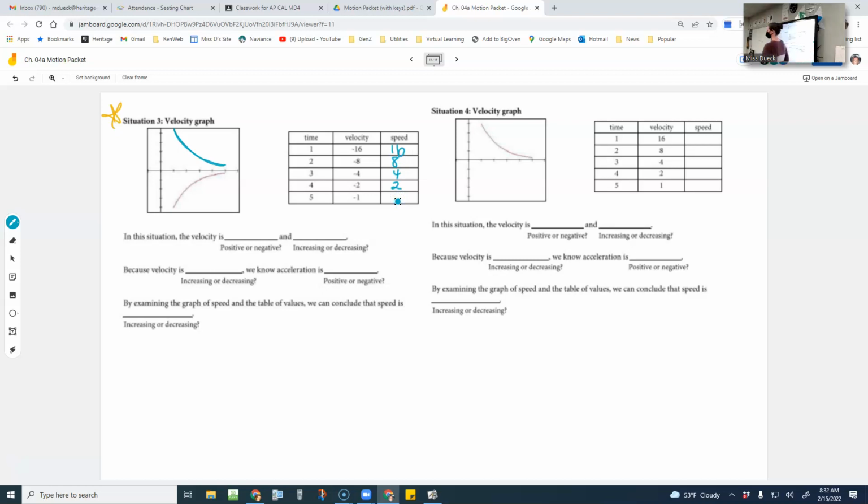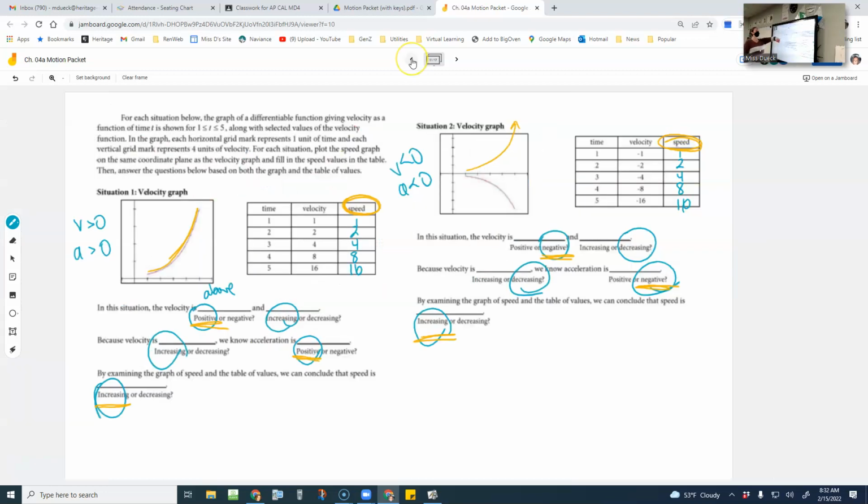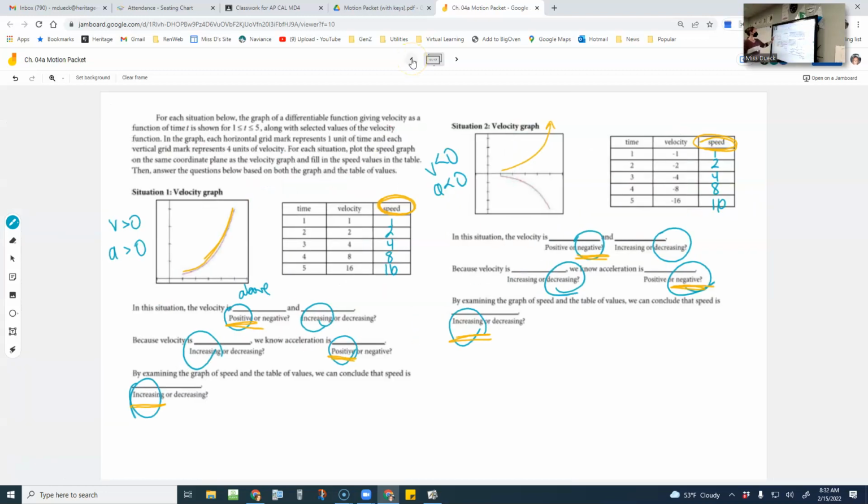This was one of the easiest ones. Worksheet 3. If you're a little overwhelmed with the motion packet, get to worksheet 3. We're literally just taking our tables and taking the absolute value of those velocities. If we have something positive, we're keeping the same. If we have something negative, we're flipping it to think about, this is my speed.